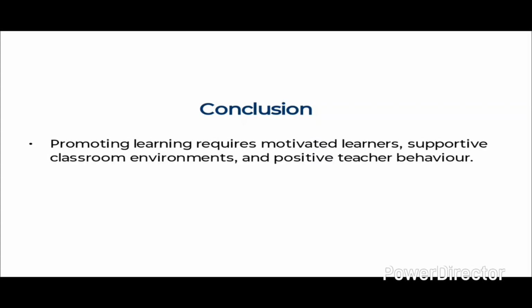A good classroom environment creates comfort and safety, and effective teacher behavior inspires confidence and discipline. All the three factors work together to promote effective learning and overall development of the learners. These three elements help the learners achieve academic success and holistic development of the student.